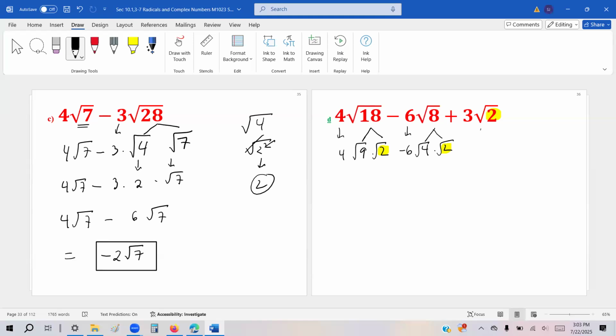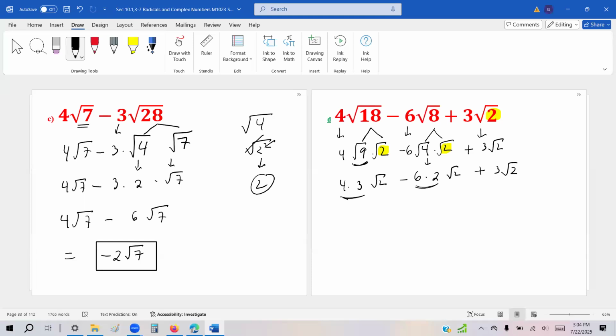And we have this 4 and we have this negative 6. And this is not reducible, so we bring it down. And then we know 9 gives us 3 without any radical. So it's 4 times 3 square root of 2. The 4 gives us 2. So 6 times 2 with the radical 2. And lastly, this is nothing to do, so we leave it alone.